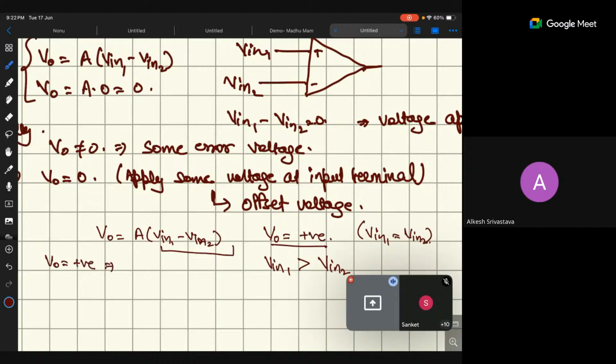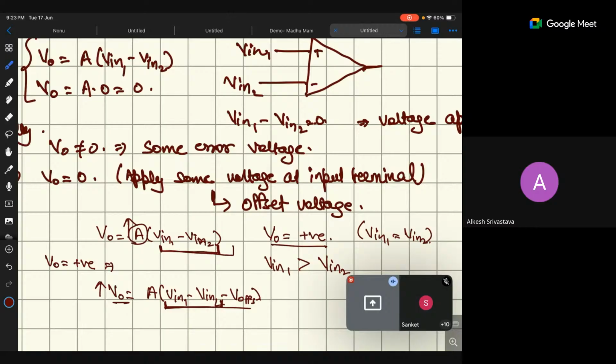So what we have to do is choose A times V in 1 minus V in 2 minus V offset. Because if V out is positive, that means V in 1 minus V in 2 is positive. A is the gain, and gain is always positive.